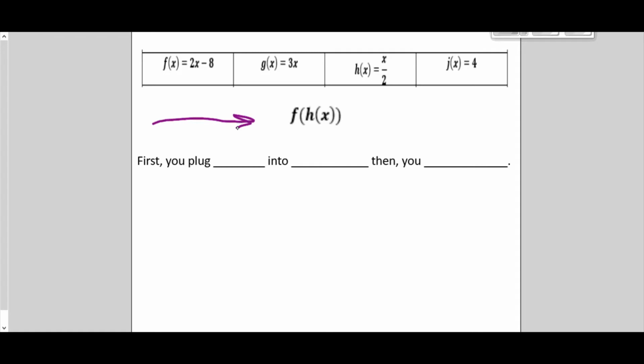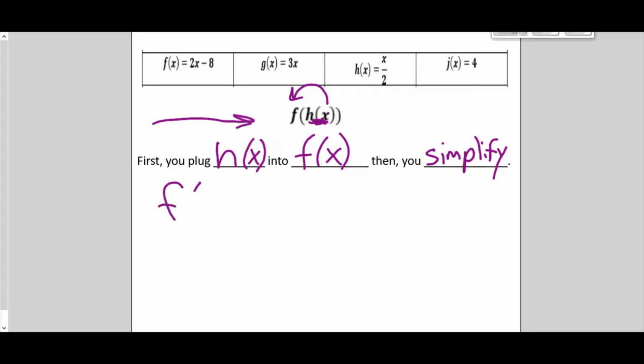This is that nice notation I showed you earlier. Since this is nice notation, I'm going to plug h of x into f. First you plug h of x into f of x, then you simplify. So I'm going to write my f of x function out: f of x equals 2x minus 8.